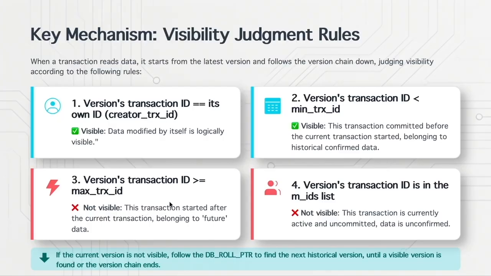Third, if the ID is greater or equal to the next transaction ID, it's from the future and invisible. Finally, if the ID is in the list of active transaction IDs, it's uncommitted and invisible. If a version isn't visible, the database follows the rollback pointer to check the next historical version, continuing until it finds a visible one or reaches the end of the chain.